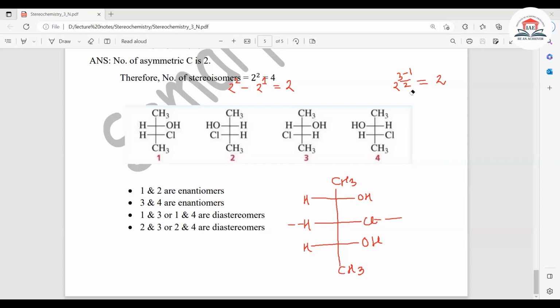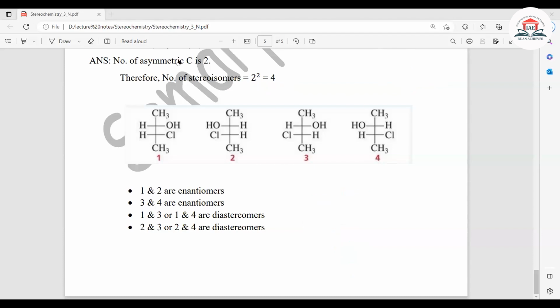For the active form, just change this structure: put OH on this side and H on that side, so that now there is no mirror plane in the center of the molecule. This is the active form. Now take the mirror image and you get the other active form. Try to draw it in your copy, and if you have any problems, get back to me in the next class.